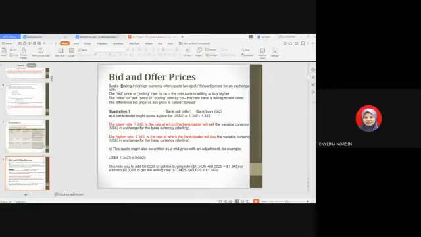Bid and offer, just focus on this. Bid is the rate the bank is willing to buy at. Offer or ask price is the rate the bank is willing to sell at. The difference between buy and sell is called the spread.